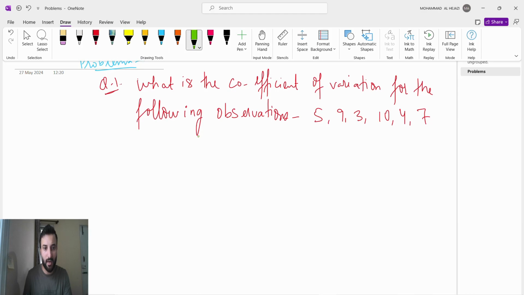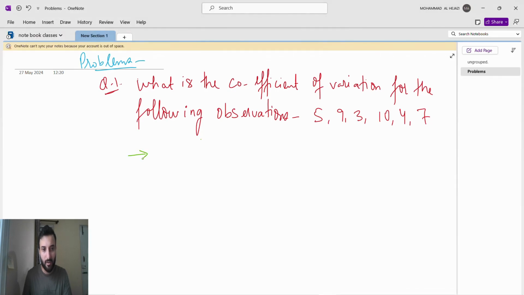That's it guys. So first of all, we will find the x bar. X bar means sum of all the observations divided by the total number of observations. If you are good in maths, don't write all 5 plus 9 plus 3 plus 10 plus 4 plus 7 divided by 6, then again write 5 plus 9 plus 3. It will take unnecessary time.